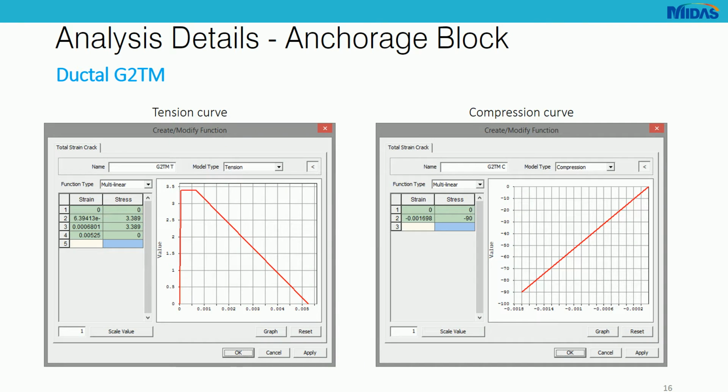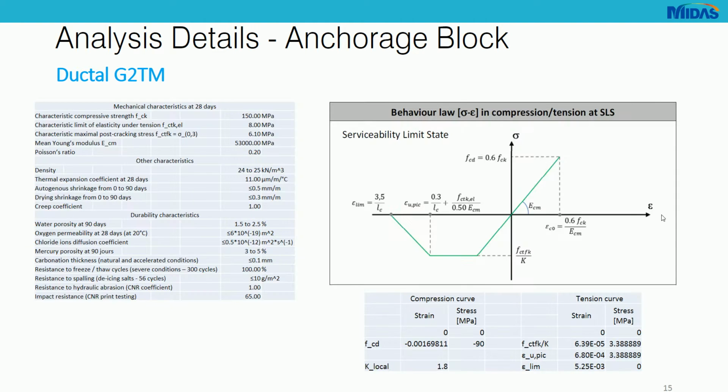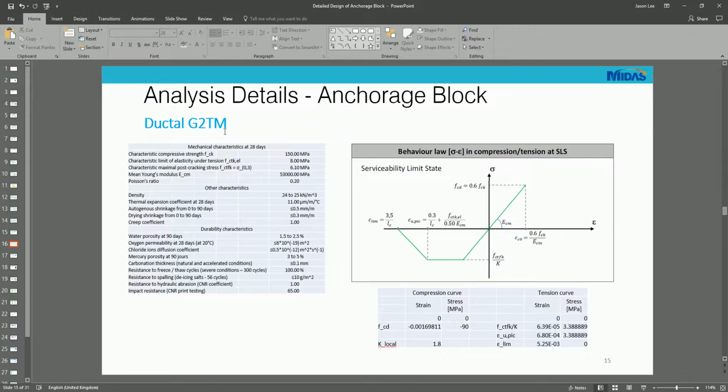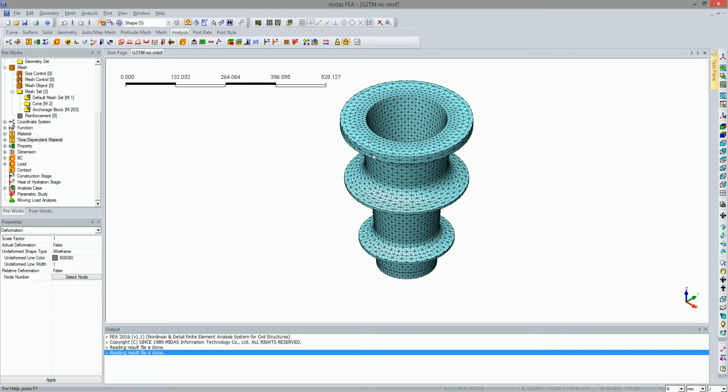So the tension and compression curves, as we have calculated the properties using the functions provided by Ductal, we have modeled them using multilinear functions. So going back in Midas FEA, I have here a model that uses the ultra-high performance fiber-reinforced concrete material.